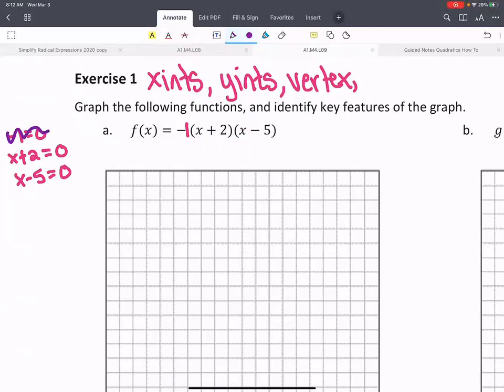We ignore it. If x plus 2 equals 0, what does x equal? -2. And what else does x equal? Positive 5, right? So now we have x-intercepts: -2, 0, and 5, 0. Those are my x-intercepts.